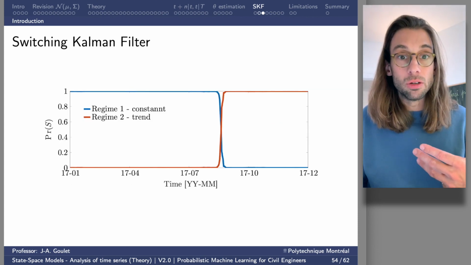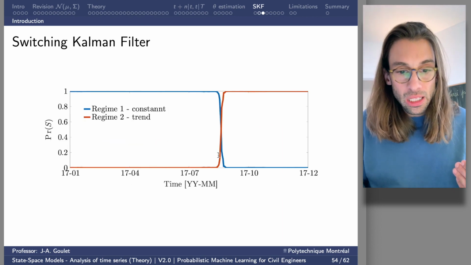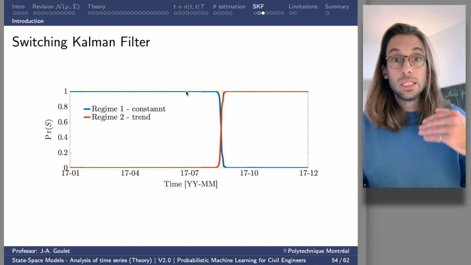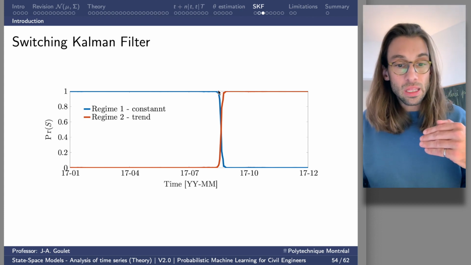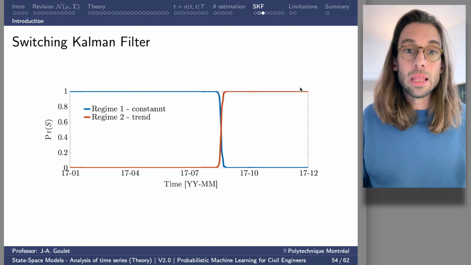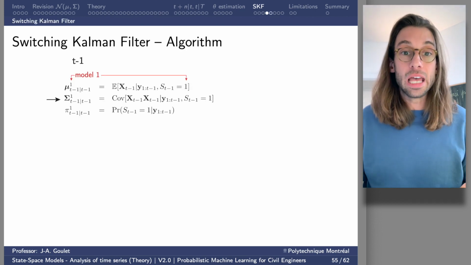And we want to do that in real time and estimate here that the probability of the regime 1, which was the zero speed model, now drops to 0 because the constant speed model is now more prevalent or explains better the actual data we're observing.